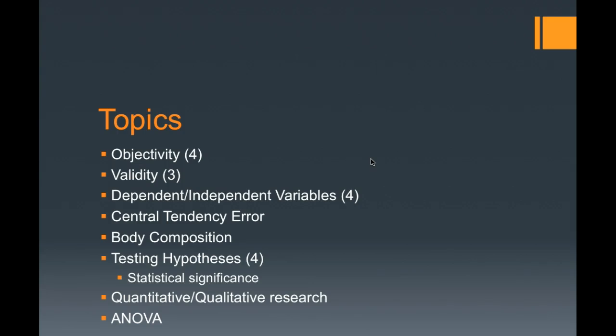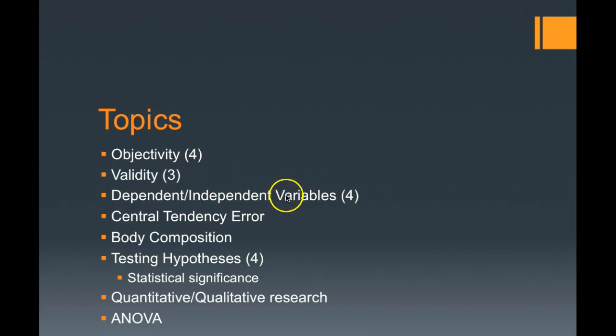Let's say one is going to go through high intensity interval training and the other group is going to go through continuous aerobic training. But we're going to test both of them on VO2 max. So VO2 max would be our dependent variable. That's the one measurement that is going to tell us whether one group did better than the other group.